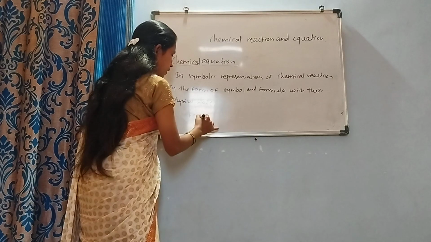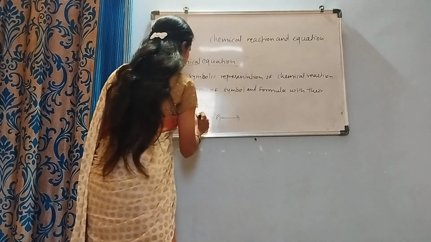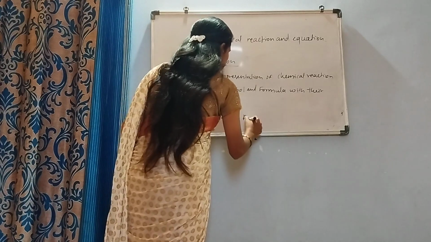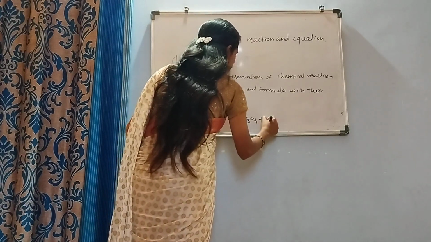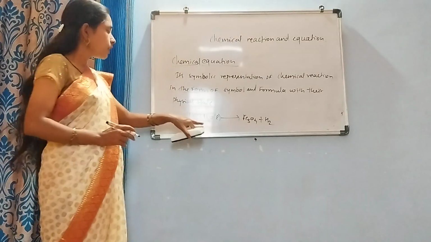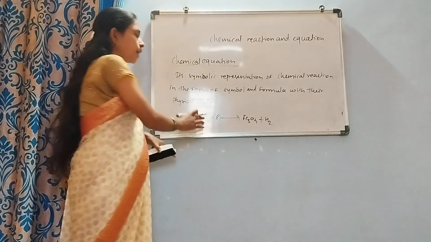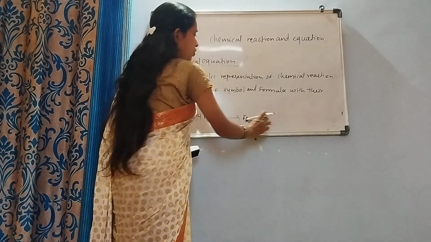Now iron is reacting with water and forming Fe3O4, that is called ferric oxide, plus H2. Now this iron is in the form of solid, water is in the form of liquid, and they are reacting and forming ferric oxide plus H2 gas.